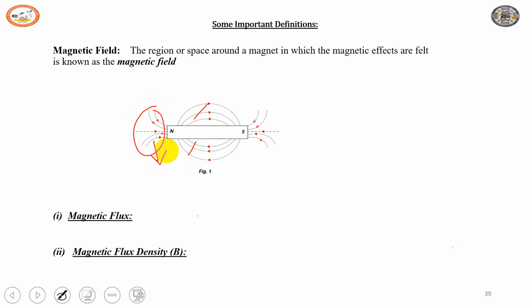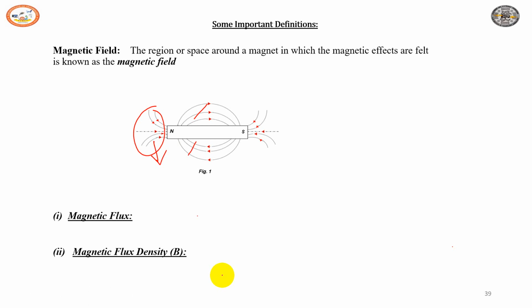Then what is magnetic flux? Magnetic flux is defined as the number of magnetic field lines passing through a given closed surface.